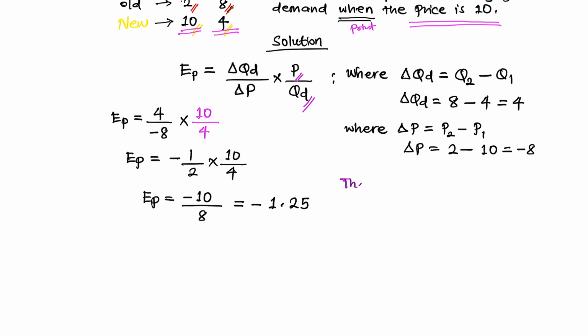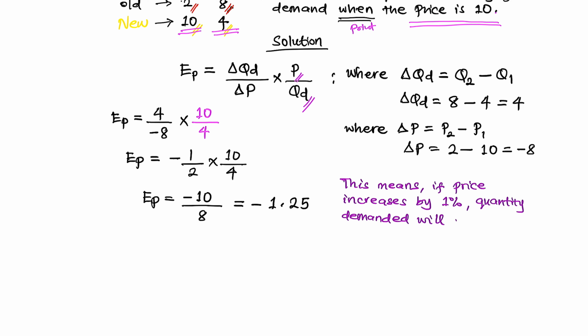This means if price increases by 1%, quantity demanded will decrease by 1.25%.